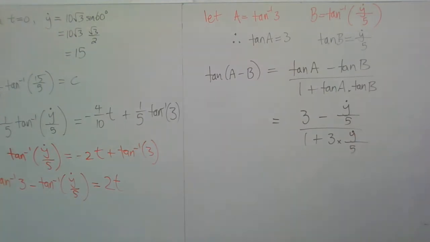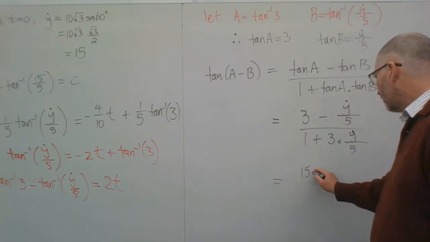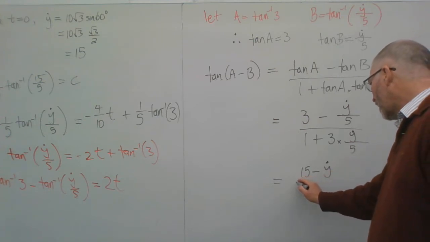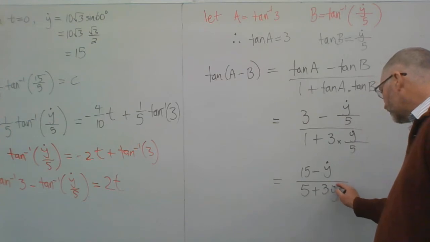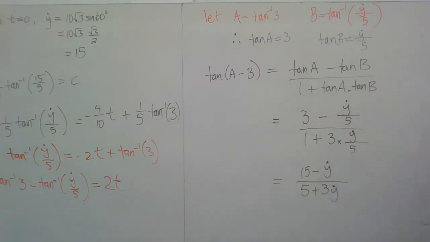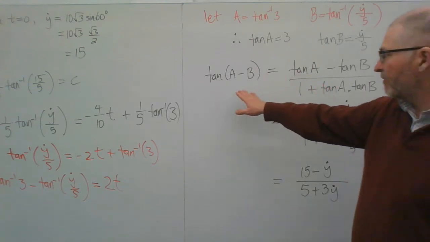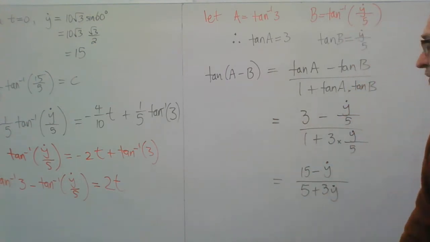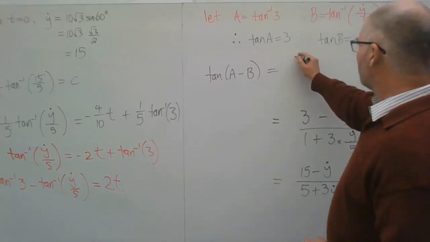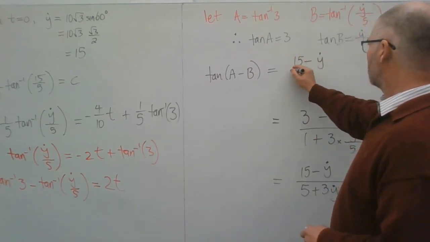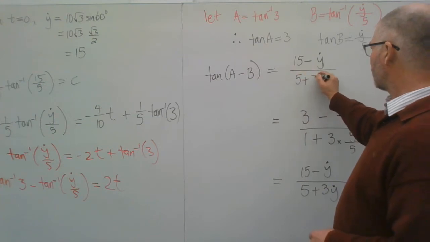And if we sort this out, we'll end up with 15 minus y dot over 5 plus 3y dot. So all I did was times the top and bottom by 5. So that's what tan of A minus B is equal to. I'm going to transfer that up to here. Tan of A minus B equals 15 minus y dot on 5 plus 3y dot.